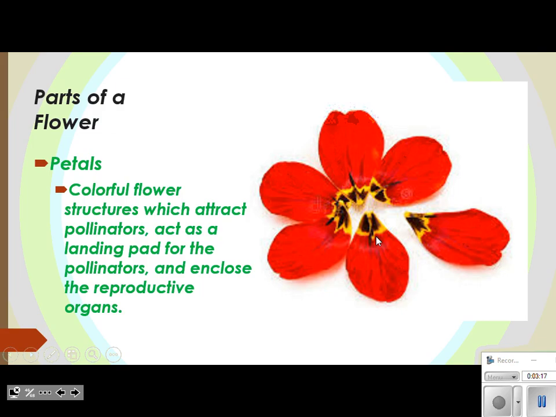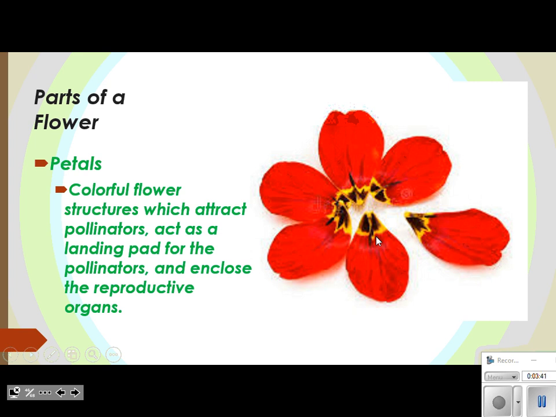Petals. Probably the thing that we are most familiar with of a flower. Petals. This is the colorful structure on the flower which attracts the pollinators. Okay? It is actually the landing pad.